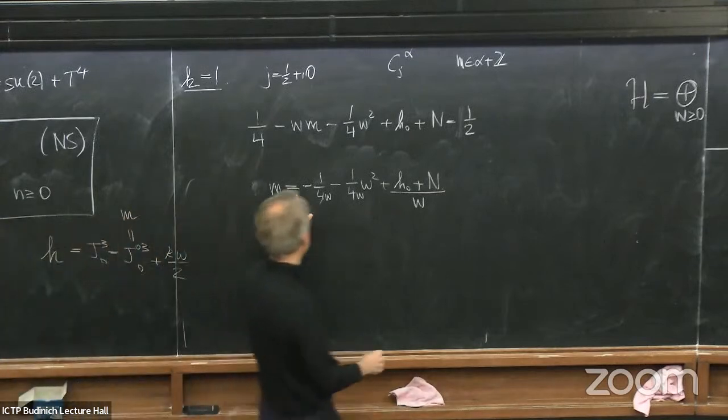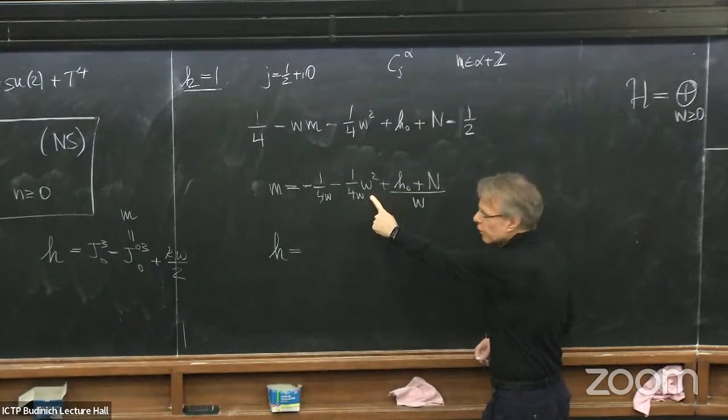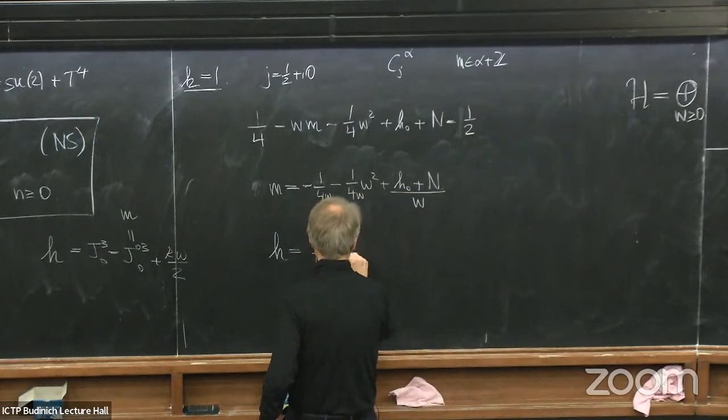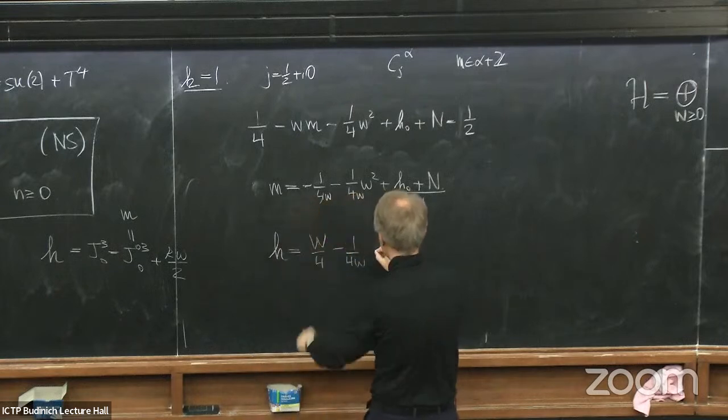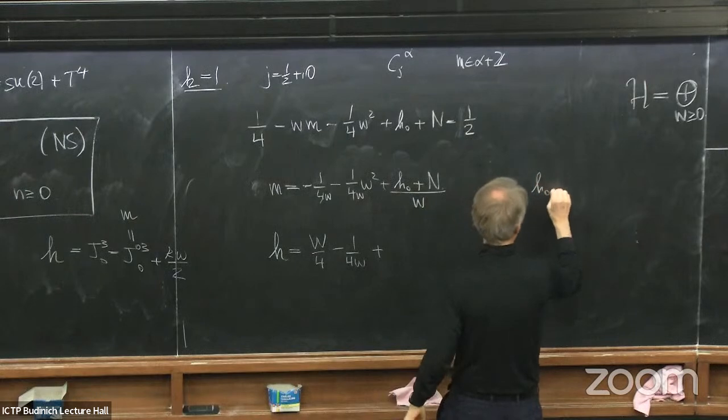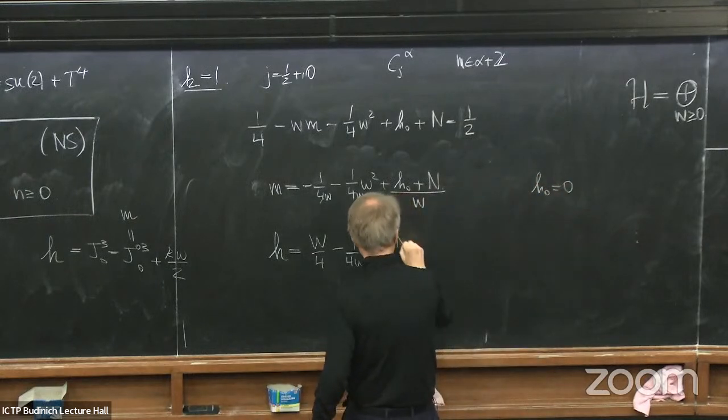But there's W over 2, and this term is minus W over 4. So what I get is W over 4 minus 1 over 4W, which comes from here, plus, and let's set H0 to 0 for simplicity, plus N over W.